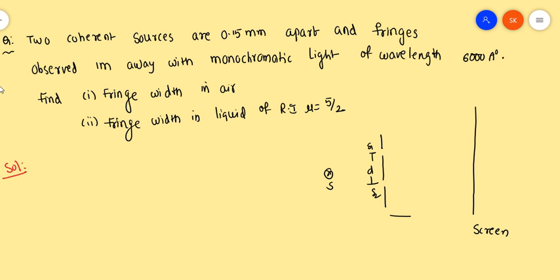The distance of the screen from the slits is capital D. This is the center of the screen. From the source, light starts and is incident on both the slits. Through the slits light passes and they will superpose.